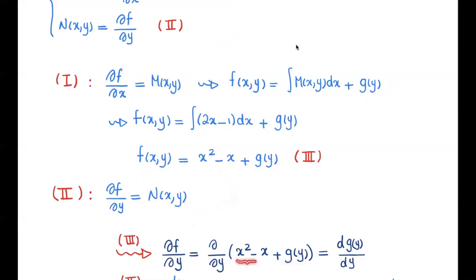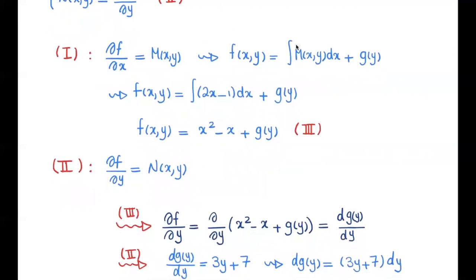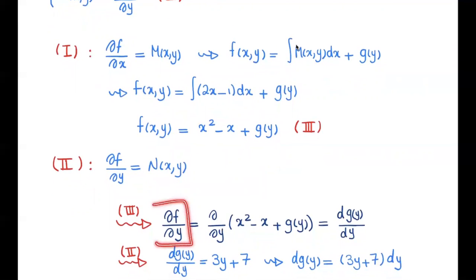Since these two terms are only x, they don't have any y in them, so their derivatives will be 0, and we will have only the derivative of g with respect to y. And since g is only a function of y, we won't have the partial derivative. The partial derivative will convert to the total derivative. So partial f partial y is equal to dg/dy.